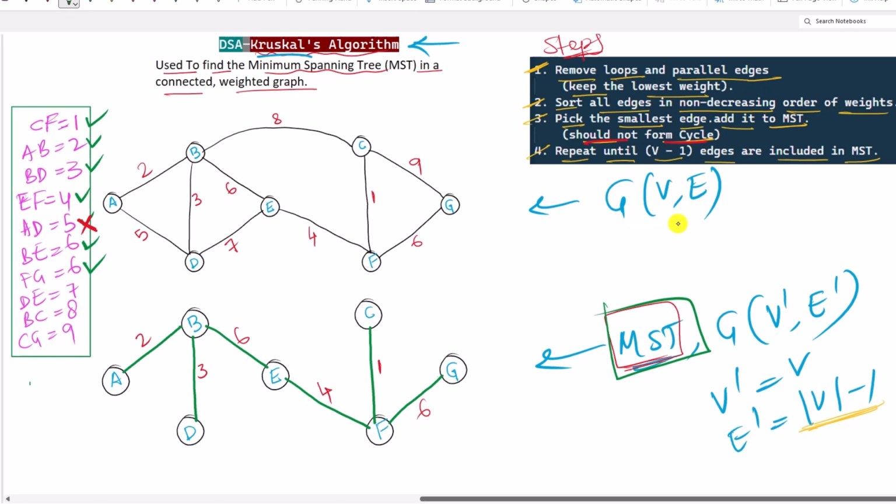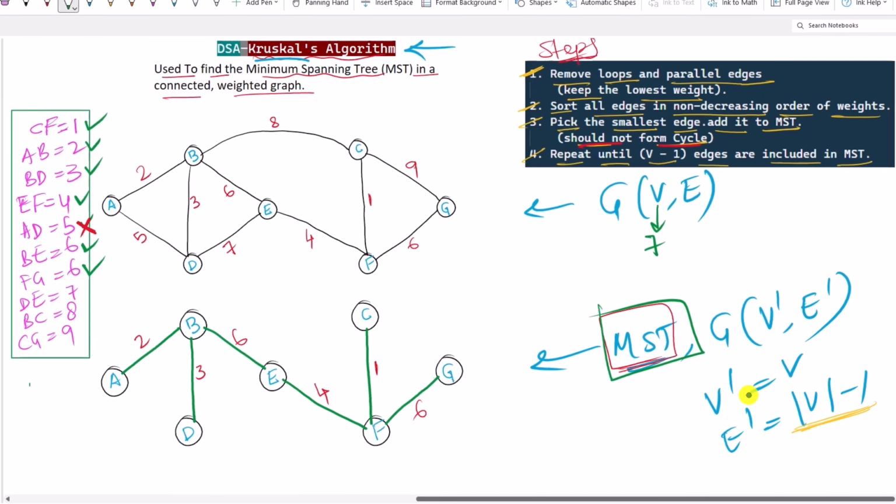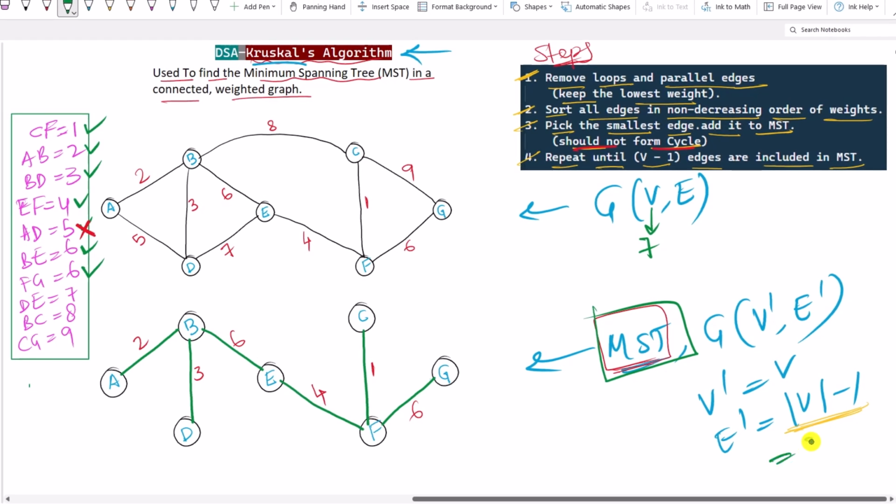In our graph we had a total of 7 vertices, so in our minimum spanning tree we should have a total of 6 edges. If we count, you can see we have 1, 2, 3, 4, 5 and 6 edges. So this will be our minimum spanning tree.